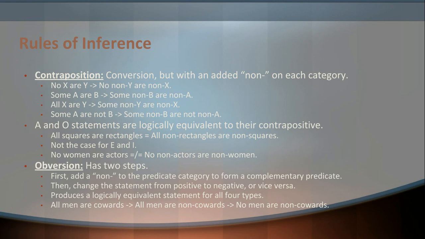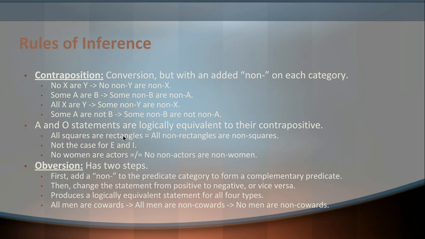But contraposition, again, in some cases produces logical equivalents, in some cases it doesn't. The A and O statements are logically equivalent to each other. If we write out all squares are rectangles, and do the contrapositive of it, all non-rectangles are non-squares.